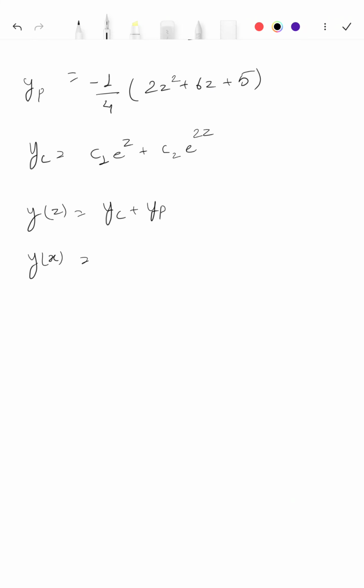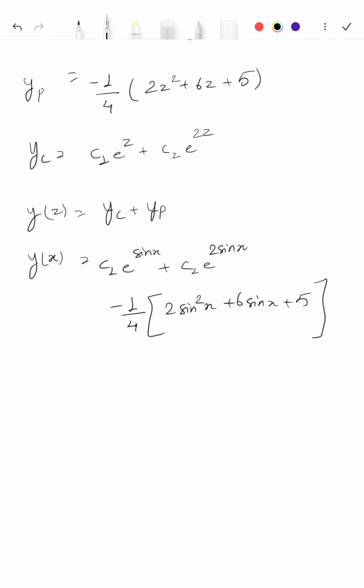Our final solution is c1 times e to the power sin x plus c2 times e to the power 2 sin x minus 1 by 4 times (2 sin square x plus 6 sin x plus 5). This is our overall solution.